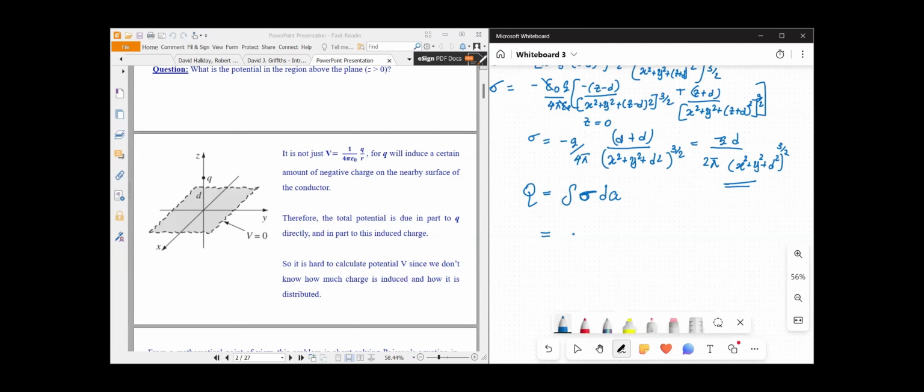Now we need to calculate the total charge on the XY plane due to this charge density.